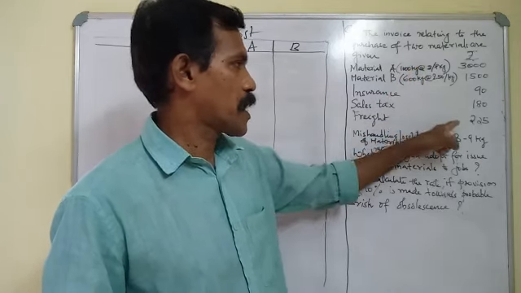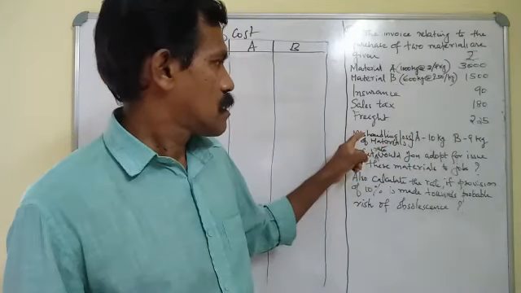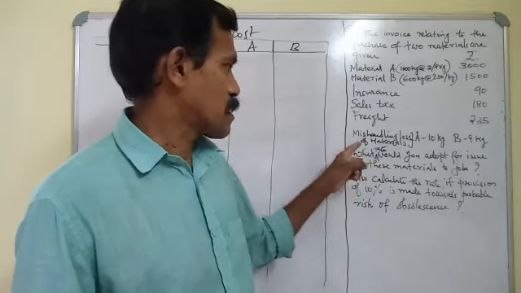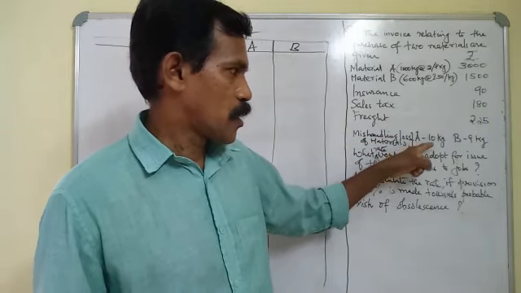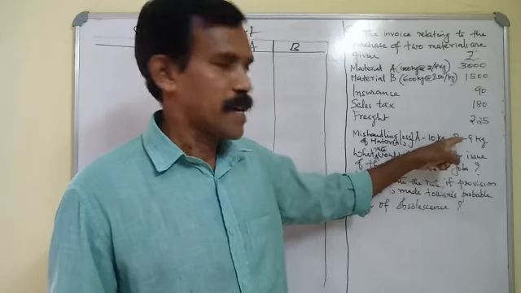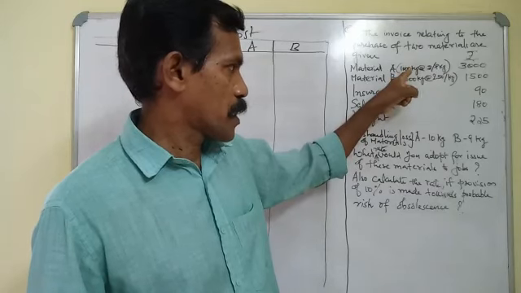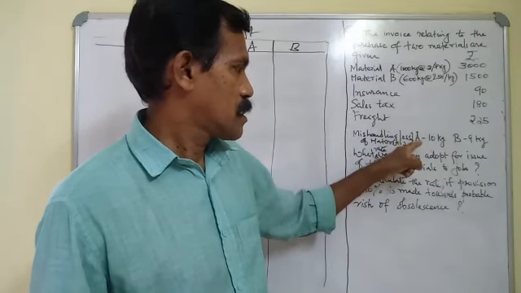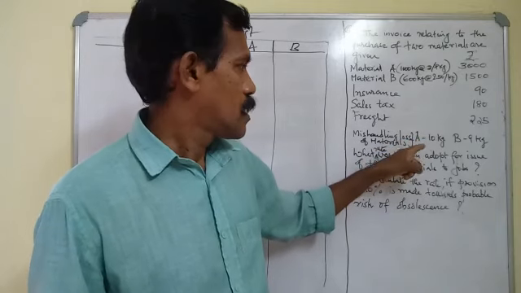Then freight 225. That 225 also was incurred for A and B. Then we have mishandling loss of materials: A 10 kilograms, B 9 kilograms. A's quantity is 1000 kilograms; from it, we have to deduct this 10 kilograms.